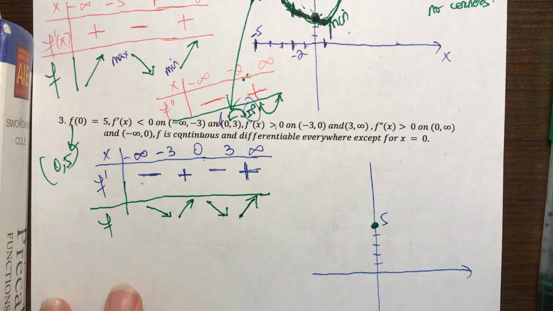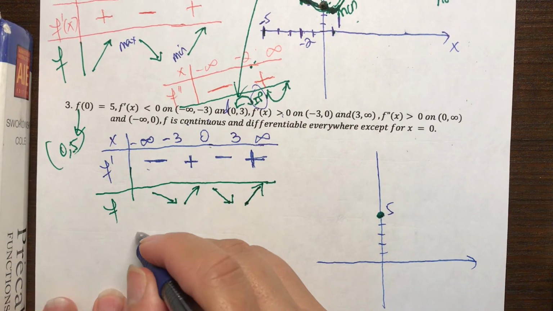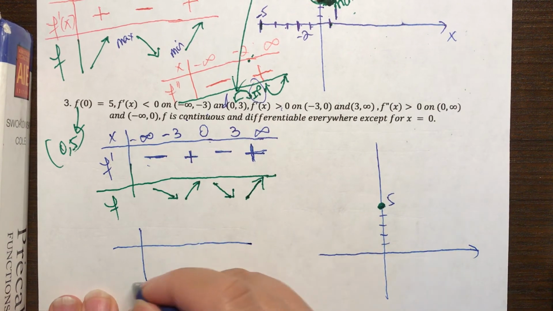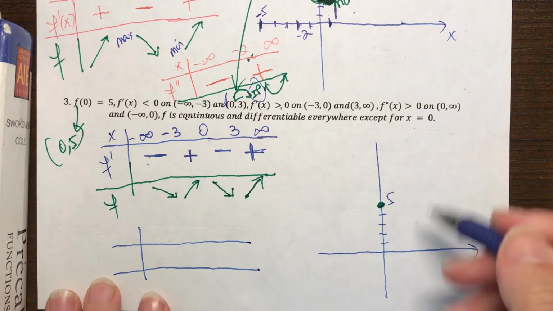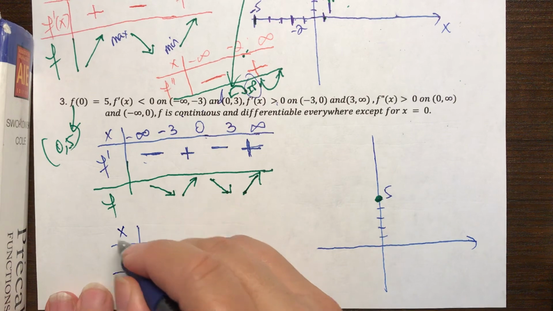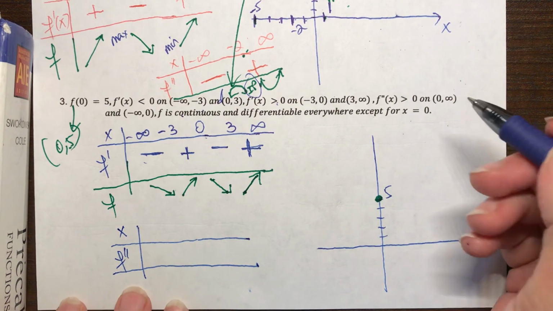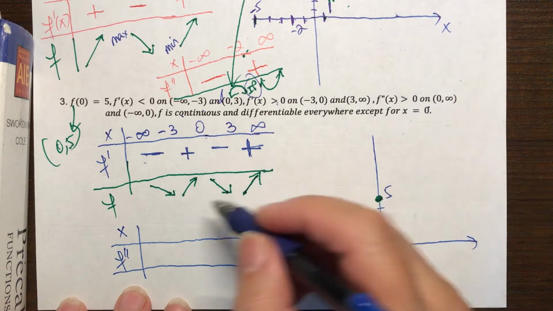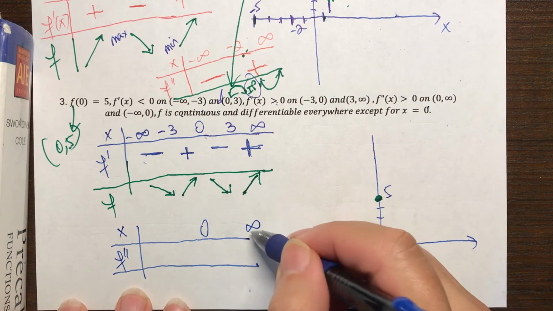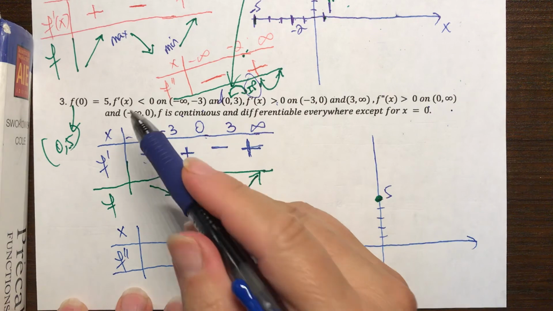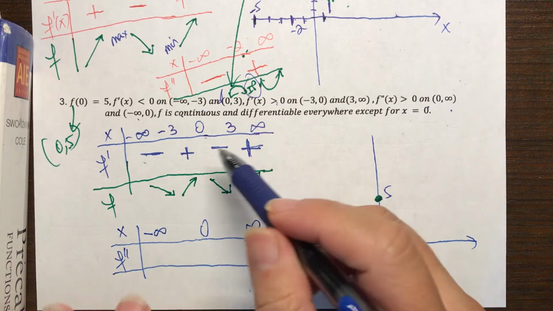The second derivative, okay, let me make a sign diagram for that second derivative. It really helps visually, then you can draw it better. That's what I think. You don't have to do that, but it helps me. So something's happening from 0 to infinity, and something else from -infinity to 0, right?